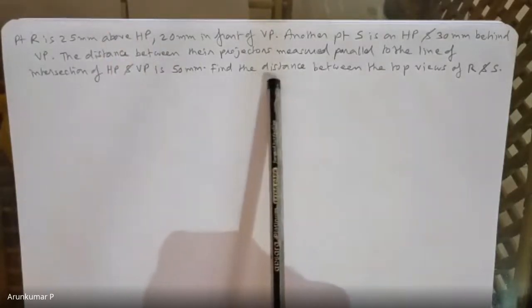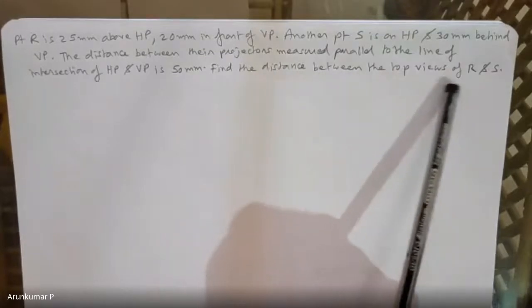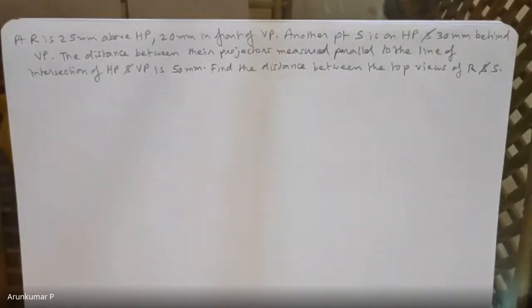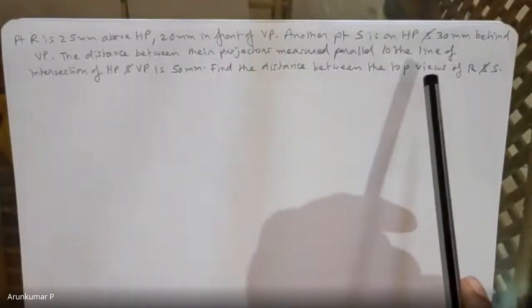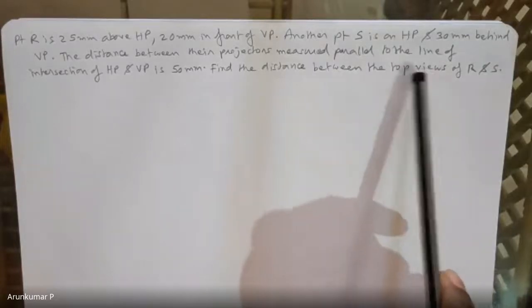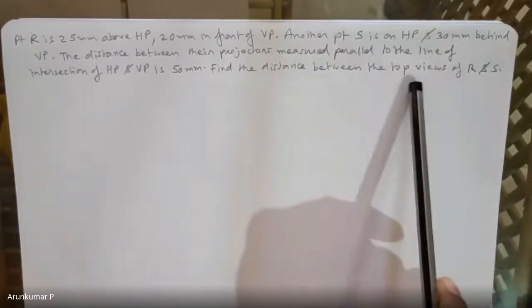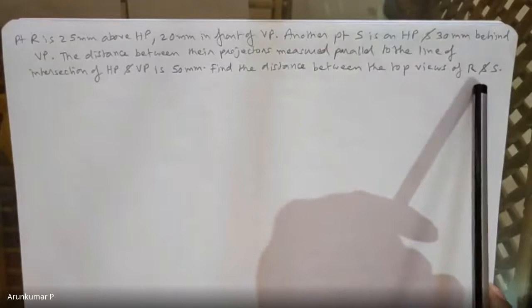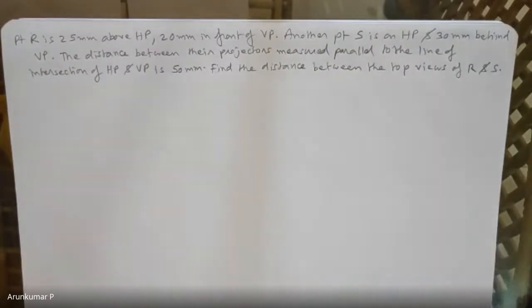You have to find the distance between the top views of R and S. So you have to draw the front and top view of both the points, and then find the distance between the top views of R and S, meaning the distance between small r and small s. So that is the problem.